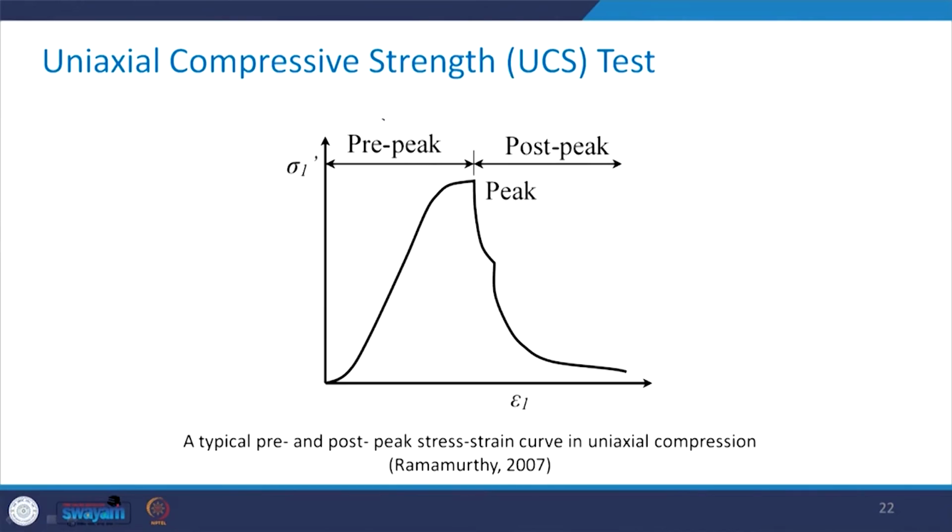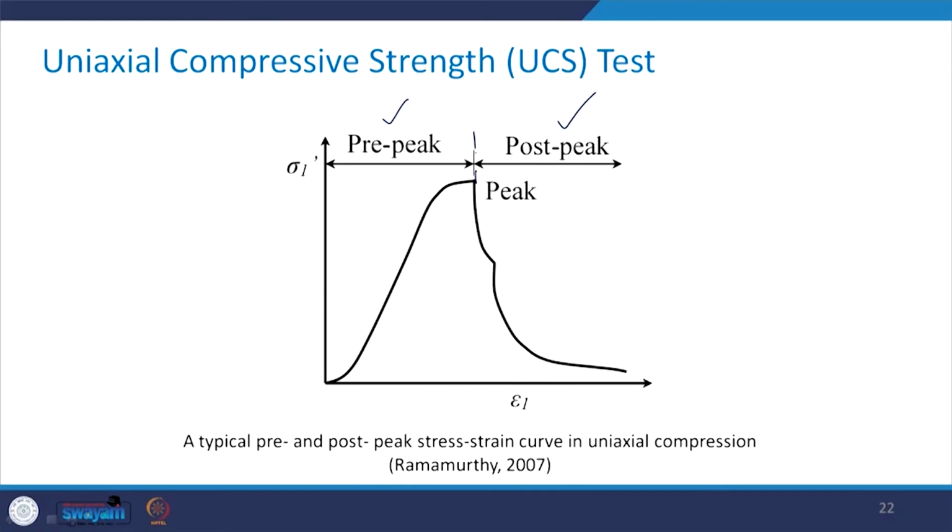Then I mentioned to you about pre-peak and post-peak failure behavior. This is typically showing the pre-peak and the post-peak stress strain curve in uniaxial compression. You can see that in the beginning till it reaches this peak value, when you increase the stress in increments, there is an increase in the strain.